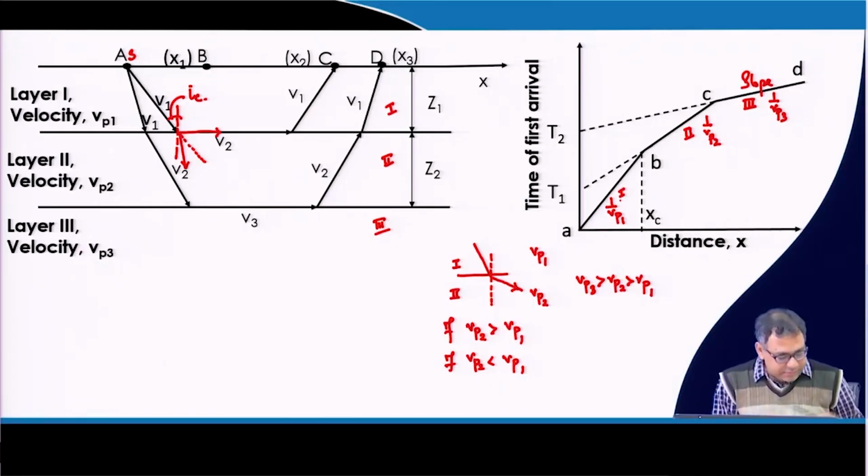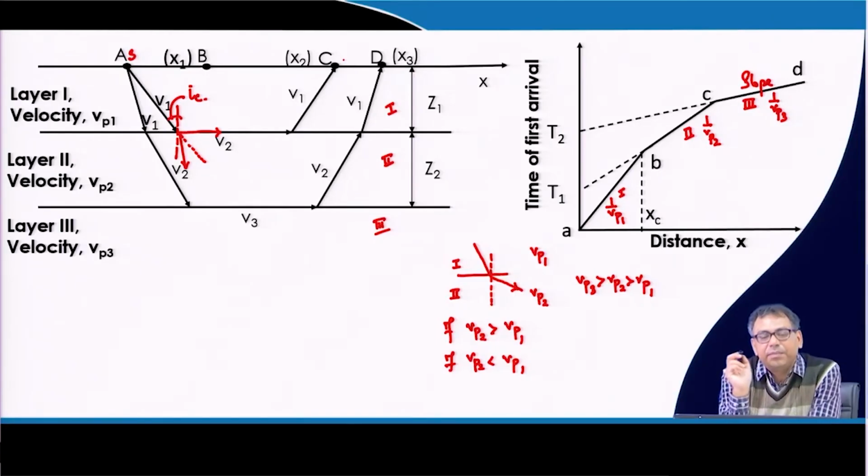Now, as I mentioned, we have to measure the first arrival time. If you look at this figure from A to C, there will be direct rays and refracted rays, and if there are a number of layers, then there will be a number of refracted rays.